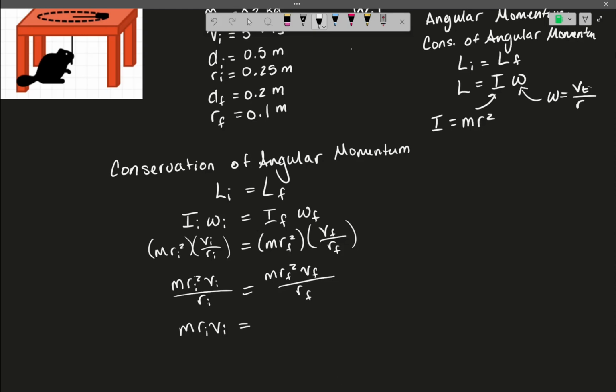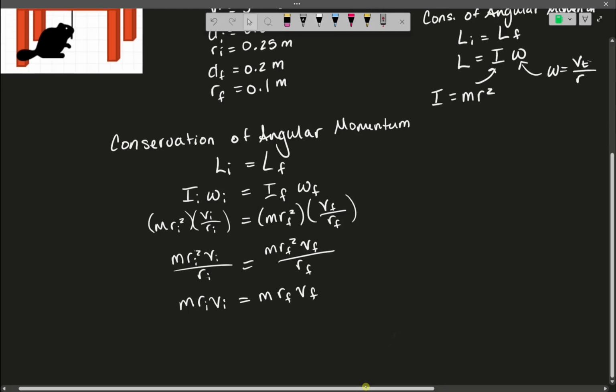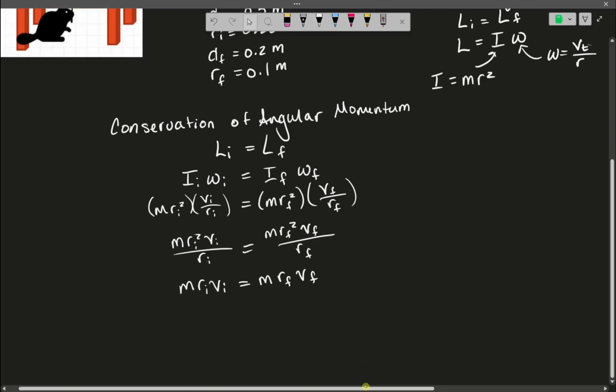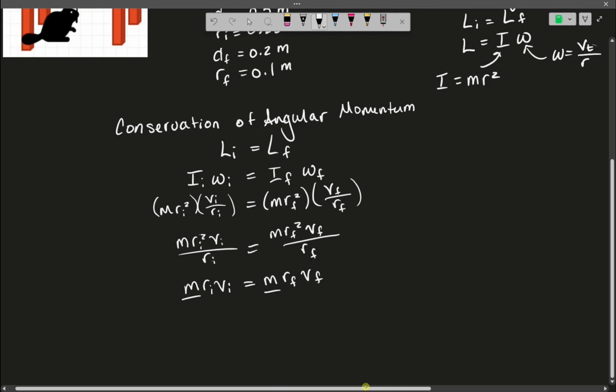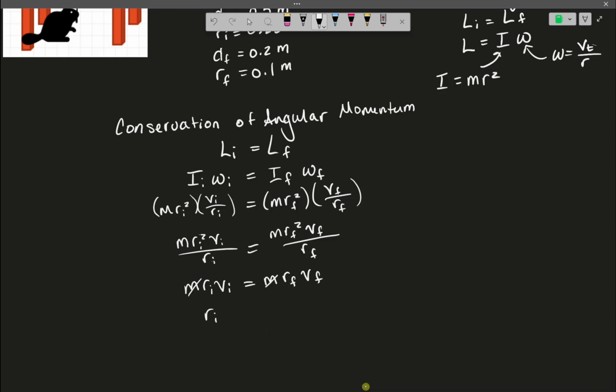And I have the same thing on the other side, but with the final radius. So I can simplify this to the final radius times the final velocity times mass. I also know that my object is not going to be changing mass throughout this process, so I can cancel out the m's, meaning that I get r initial times my initial velocity is equal to my final radius times my final velocity.